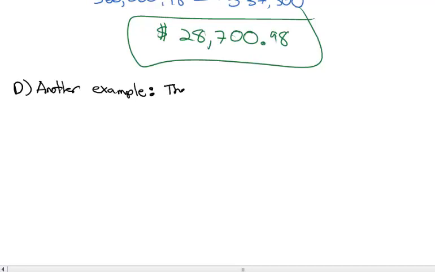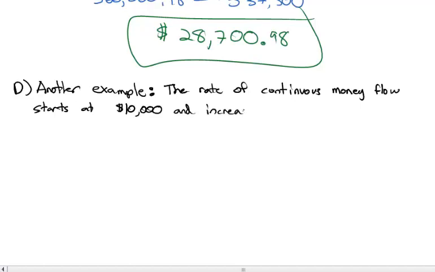Let's say the rate of continuous money flow starts at $10,000 for your company, and increases exponentially at 5% per year.